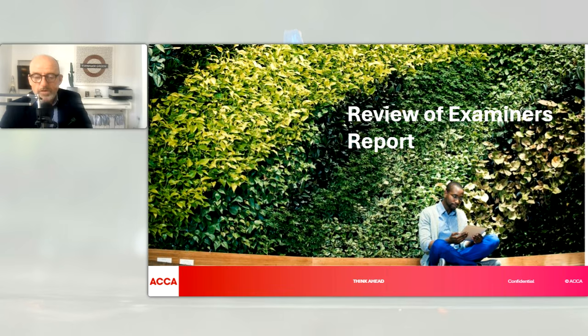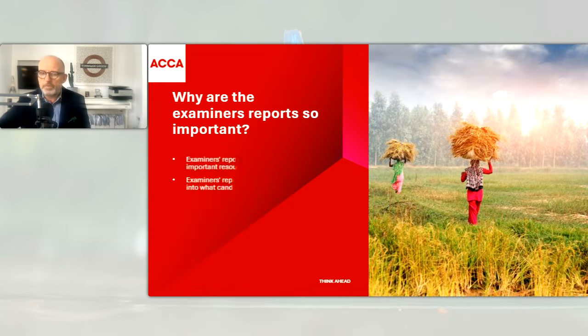Hopefully you also look at the examiner's reports. If I was to summarize why the examiner reports are relevant, well, I personally think they're probably the most valuable thing provided by the ACCA. A lot of people will ask me, what are the tips for the exam? My tip for the exam would be to look at the examiner report. Why would I say that?